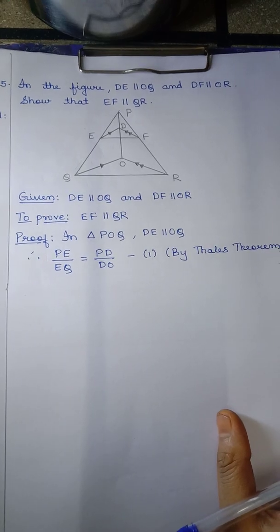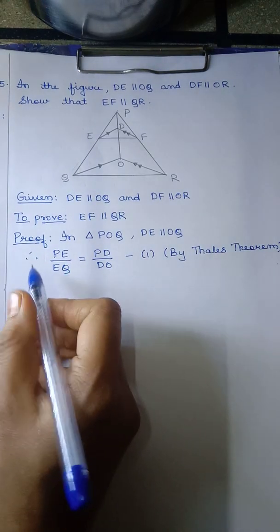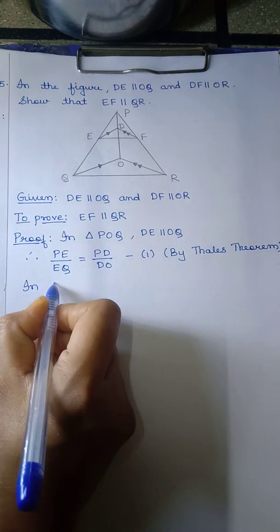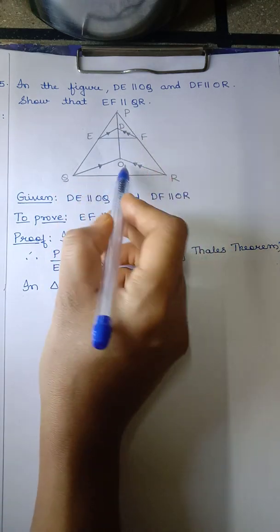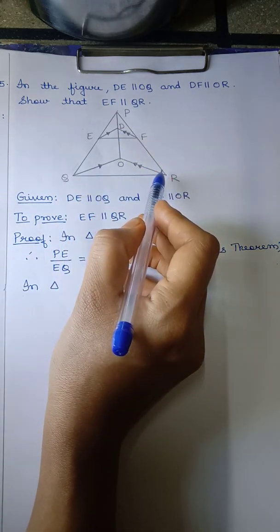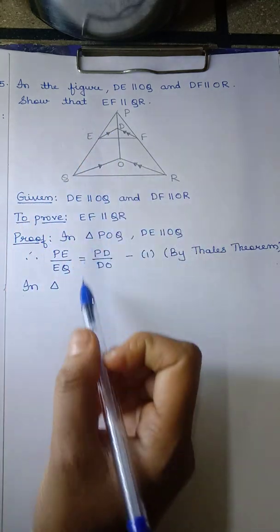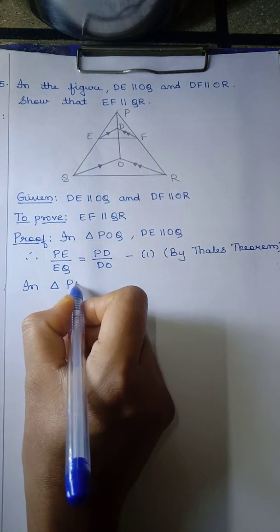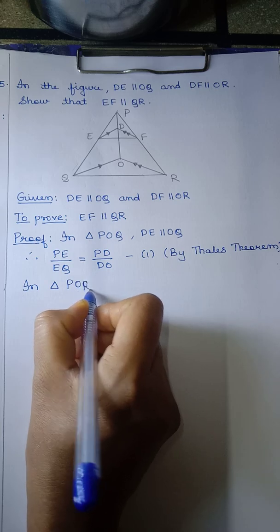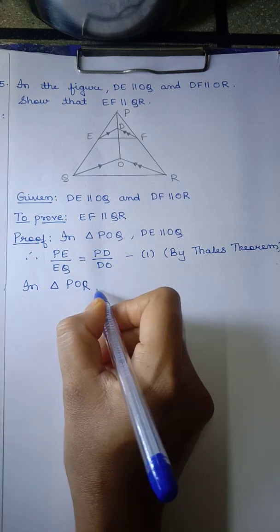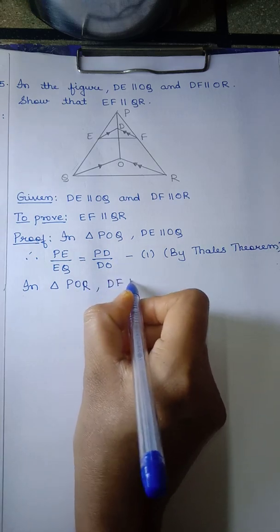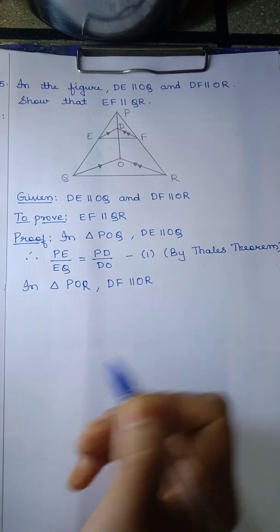Now let's take the other triangle. DF is parallel to OR is the next given thing. These two lines are parallel in which triangle? In triangle POR. So take in triangle POR, DF is parallel to OR.